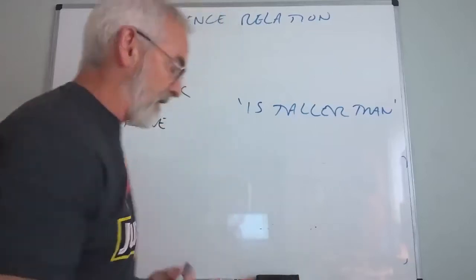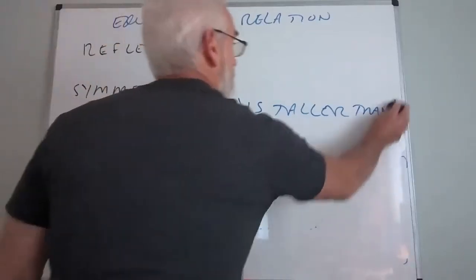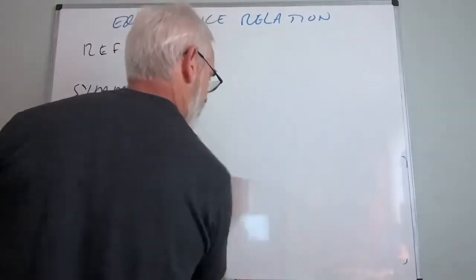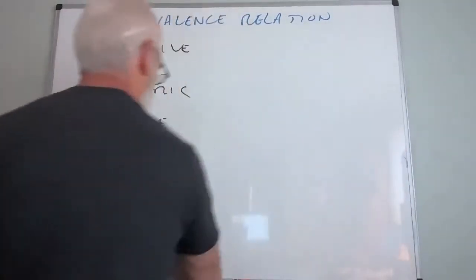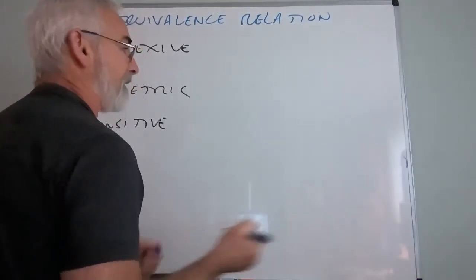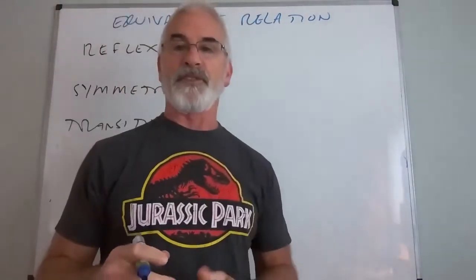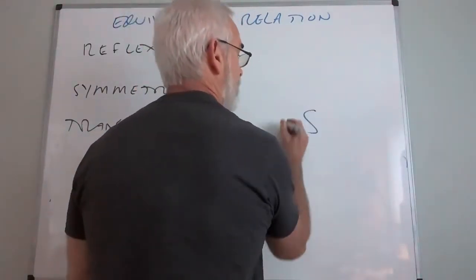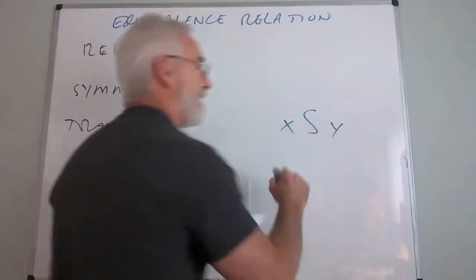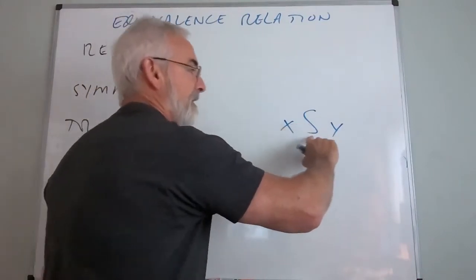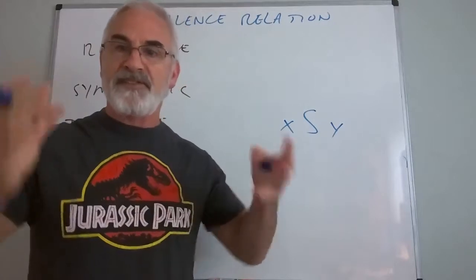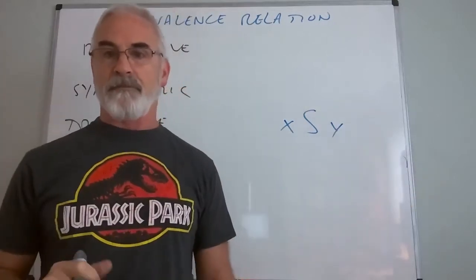But now here's how we test these things. Whatever my relation is, whatever I'm using as my comparison, I'm going to keep it really vague. Let's just say I'm using S. If X is related to Y, then we'd say it satisfies the relationship.